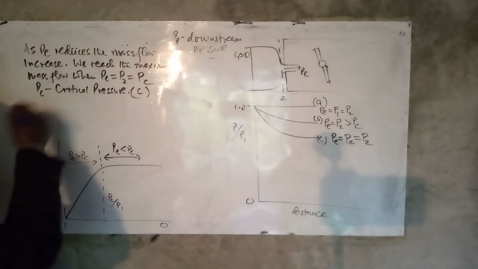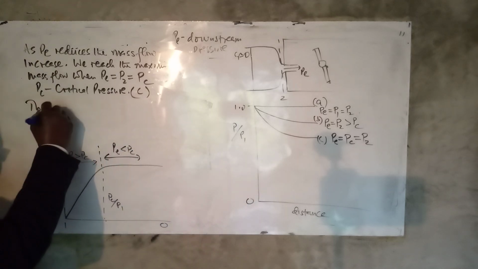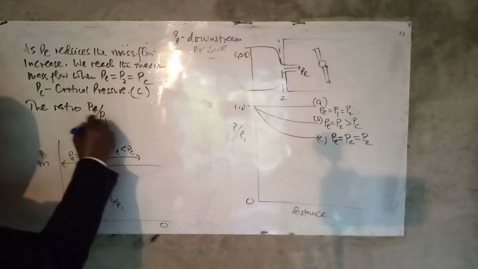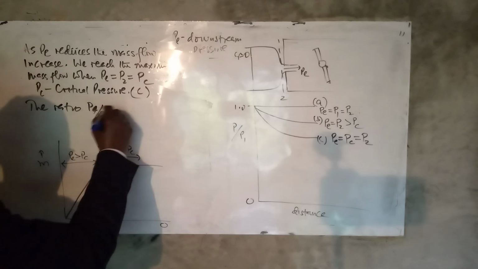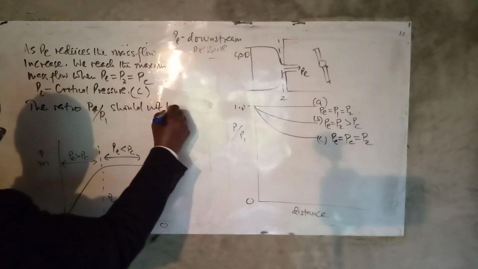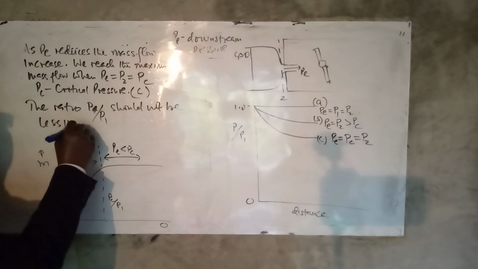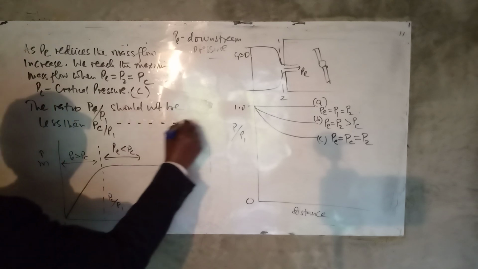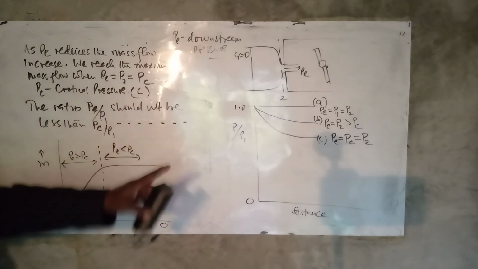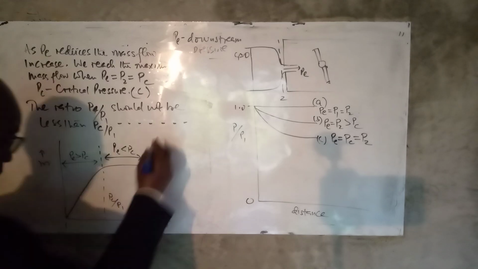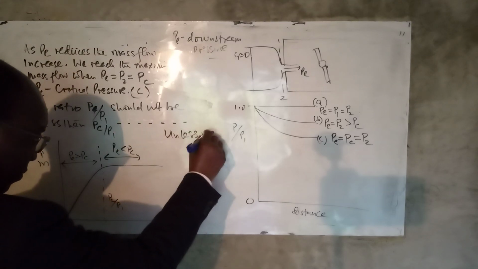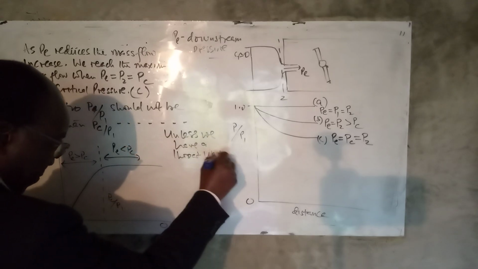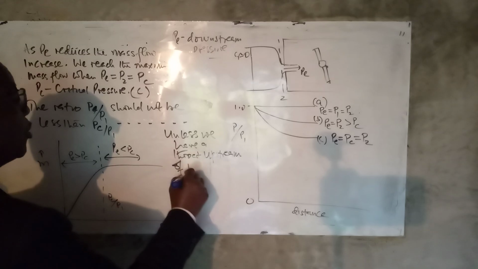So what we are saying is that the ratio PE over P1 should not be less than PC over P1, unless we have another throat upstream of plane 2.